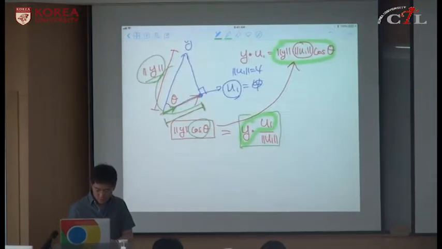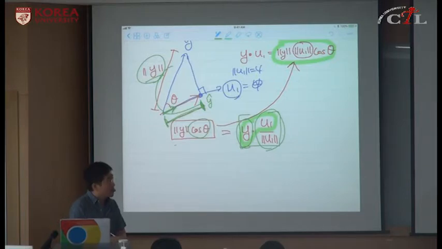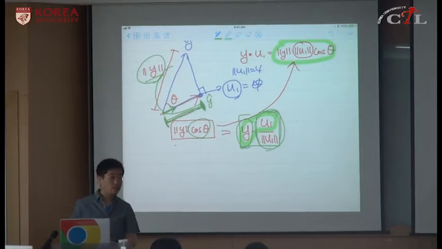In other words, to obtain the length of this orthogonal projection point, y hat, the length is just the inner product of your vector y and the unit vector of the same given vector u1. That is how we compute the length. Then how do you represent the direction?